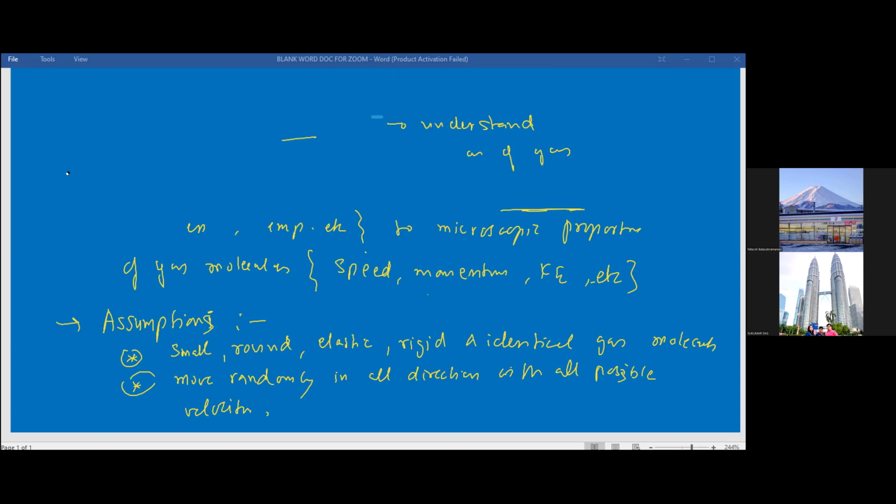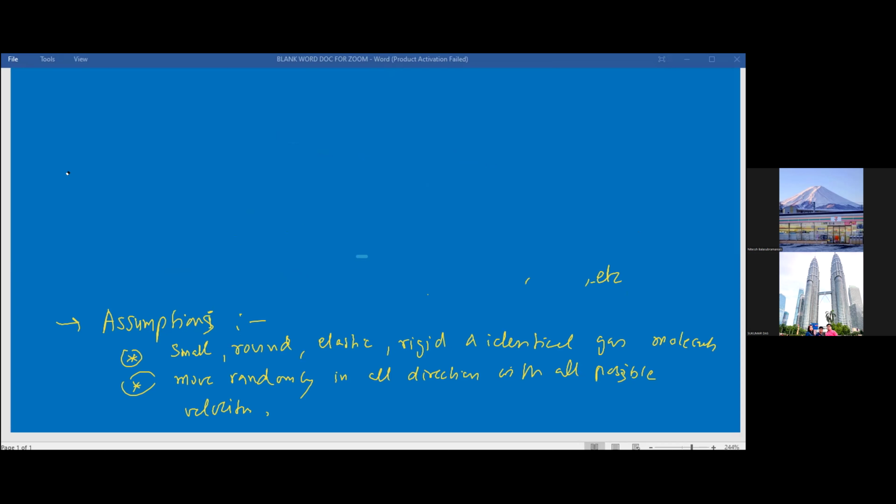Other assumptions are these. Gas molecules continuously collide with each other and with the container walls. And this collision with the container walls leads to pressure.